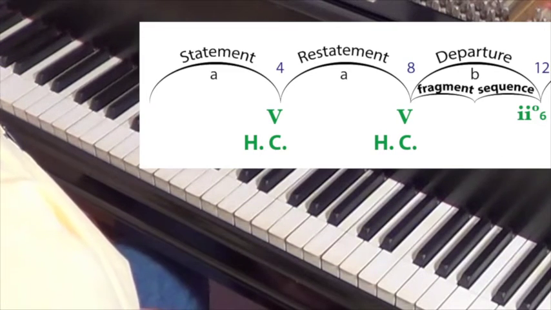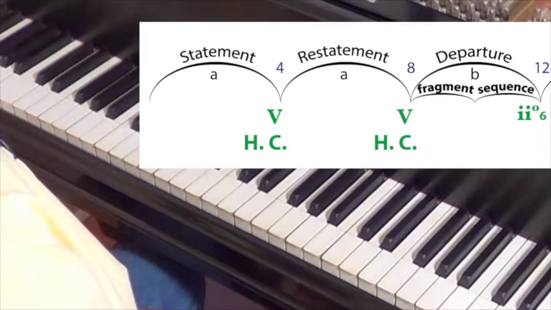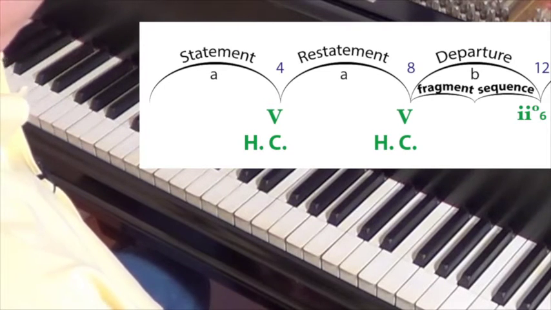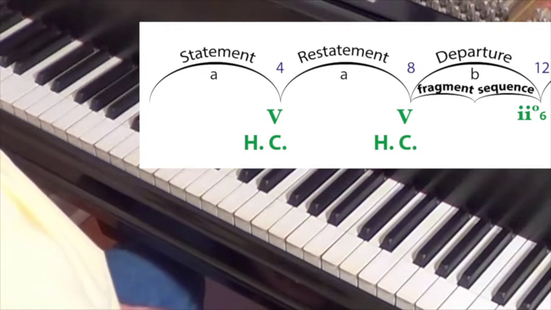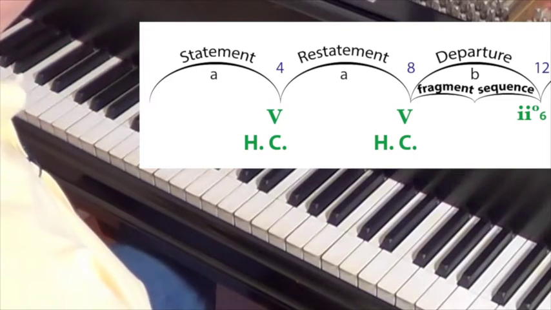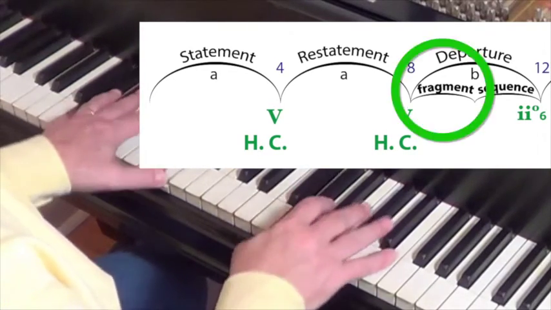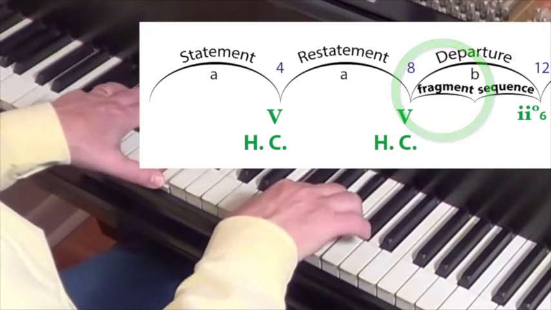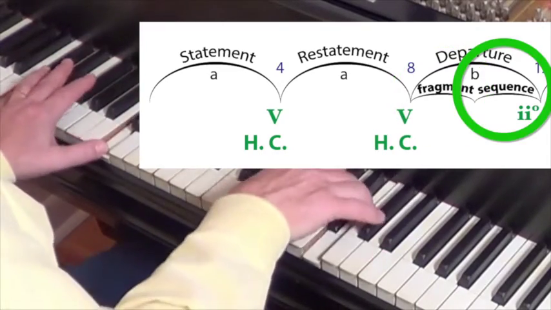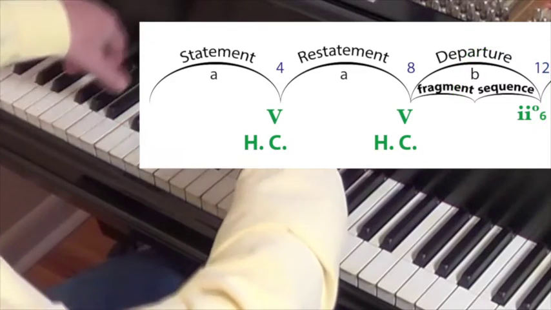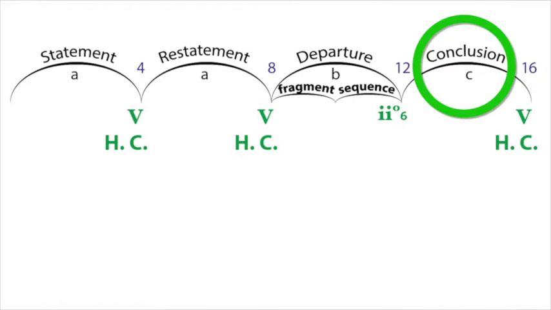The third 4-bar phrase departs from the familiar, functioning as the D gesture, and does so with a fragmentary 2-bar idea that's heard twice, the second time sequenced lower. And then a fourth 4-bar phrase introduces a new concluding tune for our C over the same doo-wop progression as heard in phrases 1 and 2.